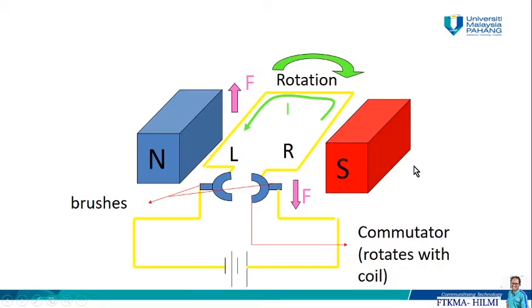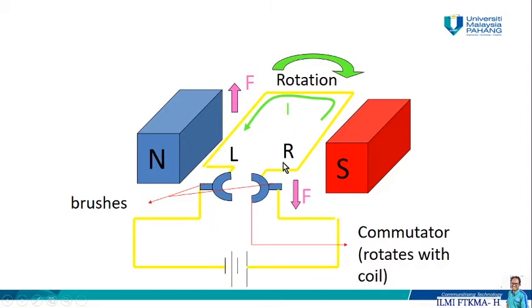A DC motor consists of an armature, brushes, commutator, permanent magnet, electromagnet, coil, and some other parts. So looking at this example of a motor, we can check the direction of the force that is going to be acting on this armature.